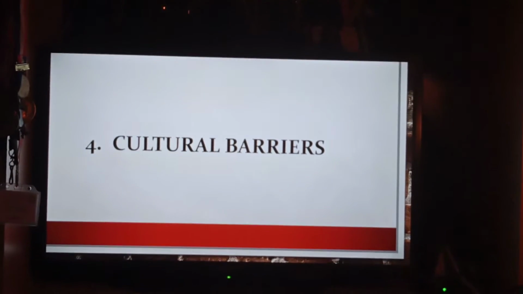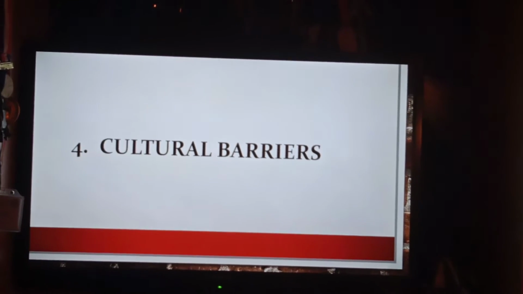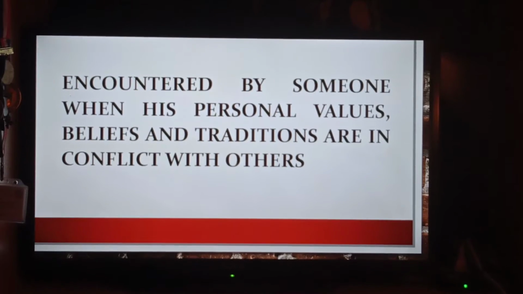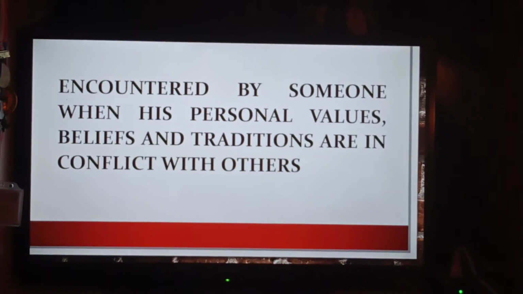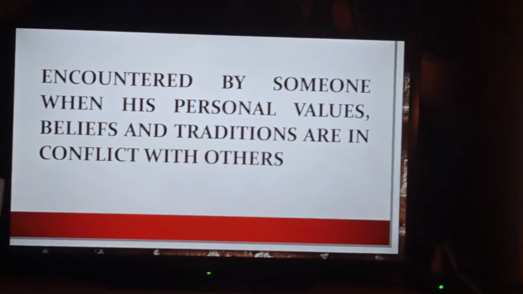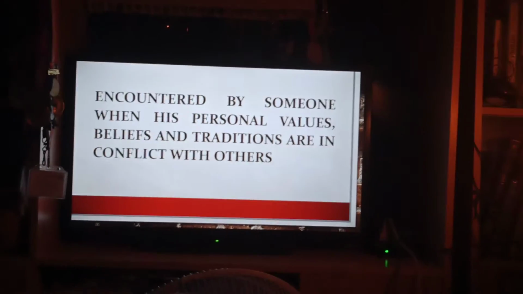And then the next one is what we call cultural barriers. Okay? So what are cultural barriers? These barriers are encountered by someone when his personal values, beliefs, and traditions are in conflict with others. For example, you encountered someone having another beliefs, no, or maybe religion.